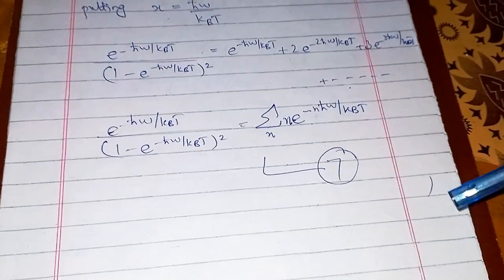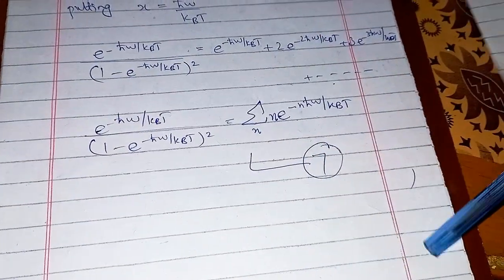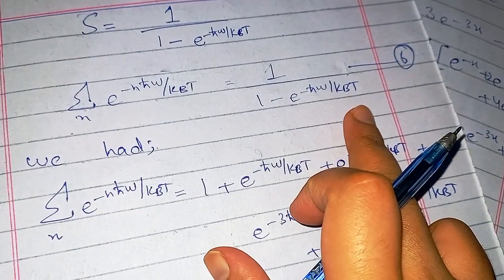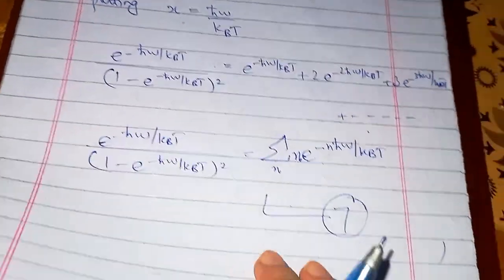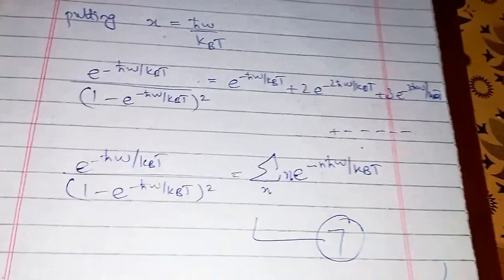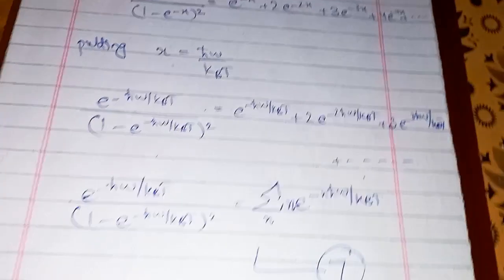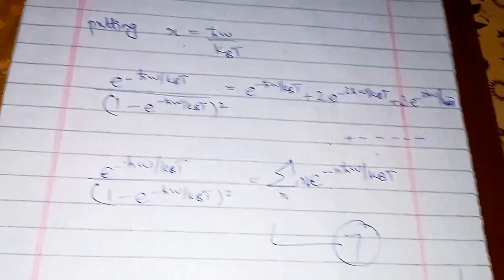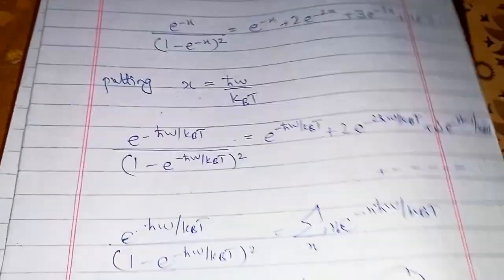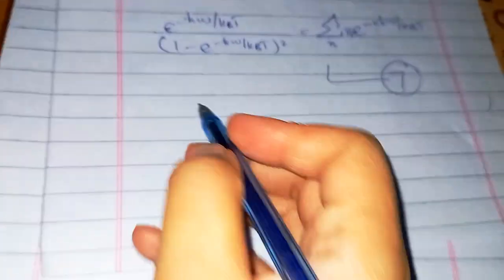This is 7, the sum in the numerator, and 6 is the sum in the denominator. Let's put these values right back into equation number 5 to get our final result, which is almost accomplished, because we just need to cancel something and it's all done.